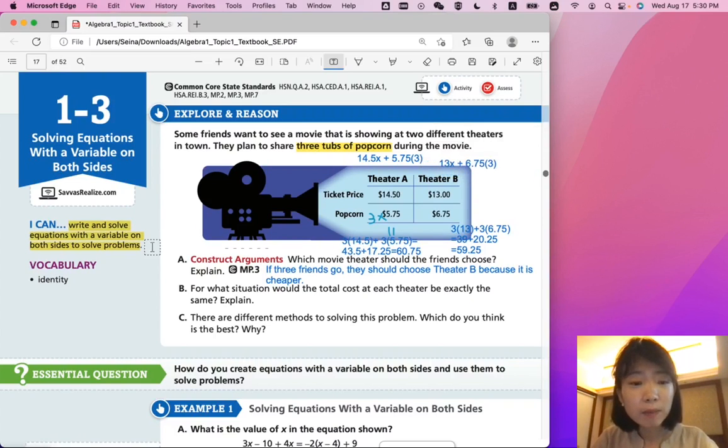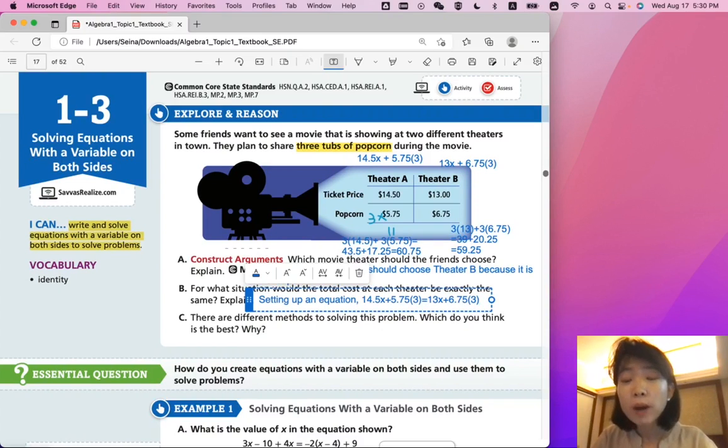So if we set them equal to each other, setting up an equation, 14.5x plus 5.75 times 3 equals 13x plus 6.75 times 3. If you solve for x, when are they exactly the same price?